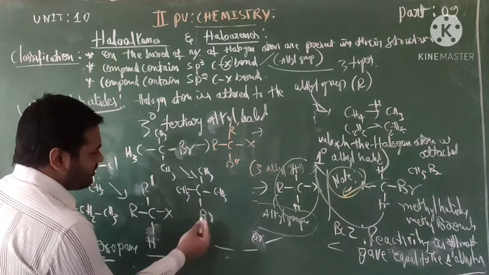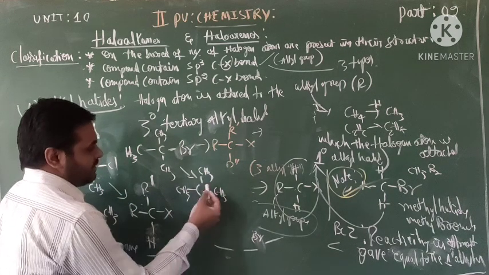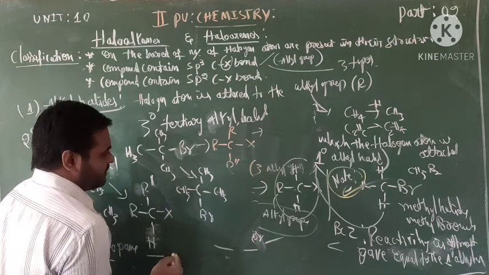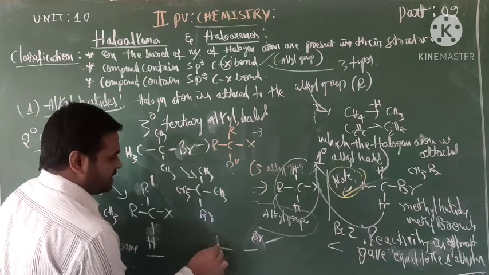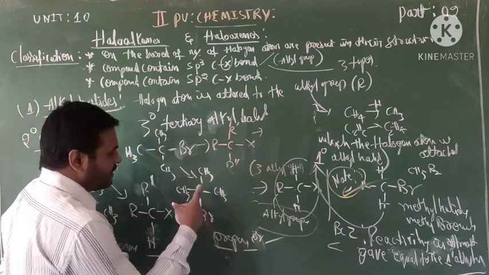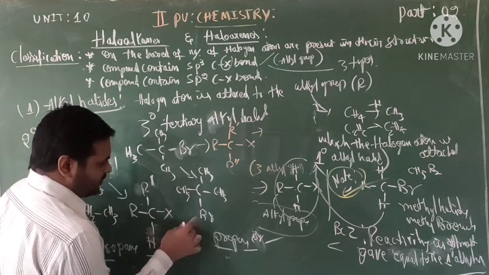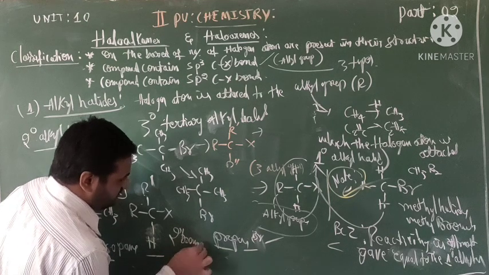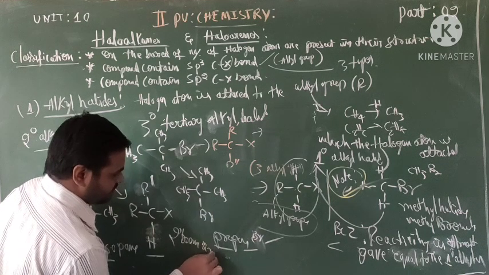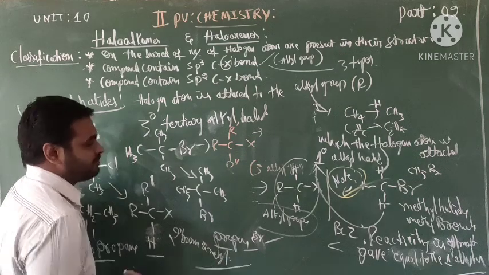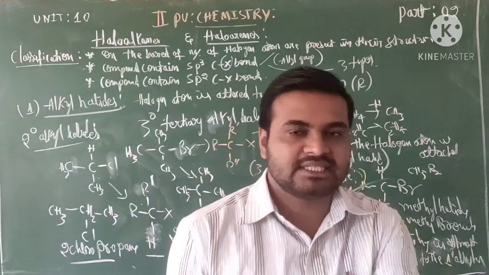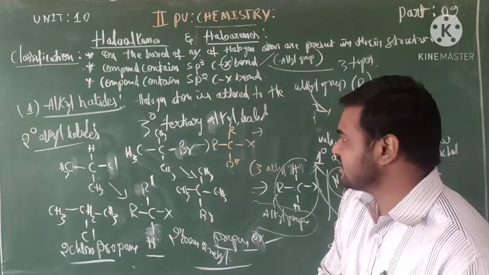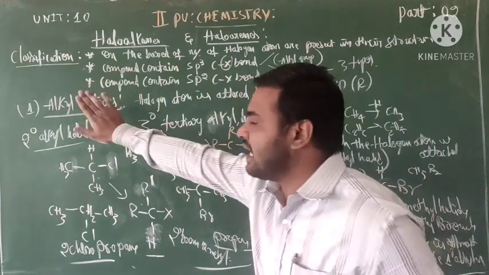Three alkyl groups are present, right? So 1, 2, 3. Three is propane, with 2-methyl and 2-bromo: 2-bromo-2-methylpropane. Okay. Later, in the next class, we will discuss nomenclature. So these are all the primary, secondary, tertiary alkyl halides.